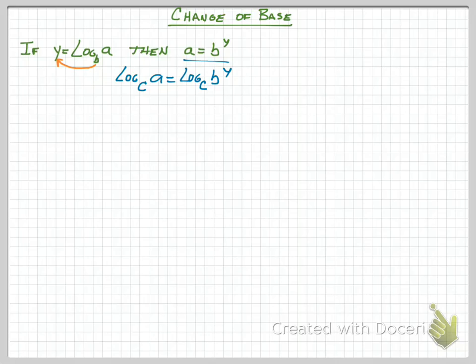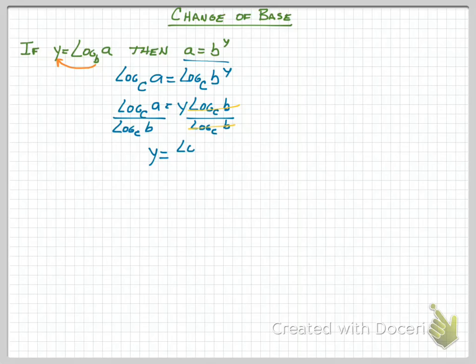Now using our properties of logarithms, we can get that y out of the exponent, and we're going to move it over in front of log base c. Now we're going to get y by itself. We're going to divide both sides by log base c of b. These are going to cancel out, and we're left with y equaling log base c of a over log base c of b.